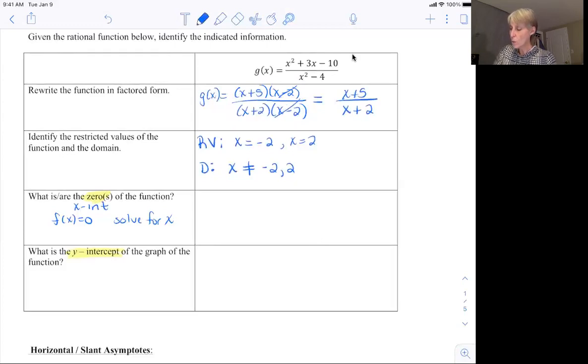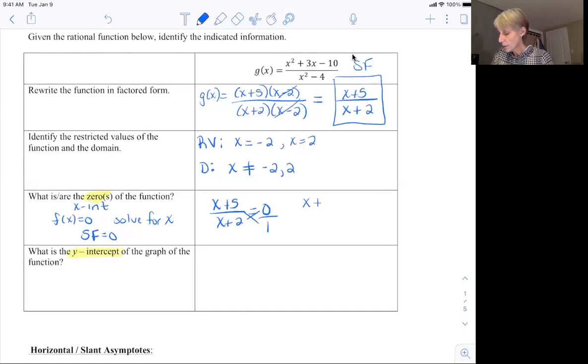So whenever we're dealing with a rational function, we want to use the simplest form when we're identifying x-intercepts. So we're going to take the simplest form and set that equal to 0. And hopefully you see that when you go to cross multiply, no matter what's on that denominator, that's going to go away.